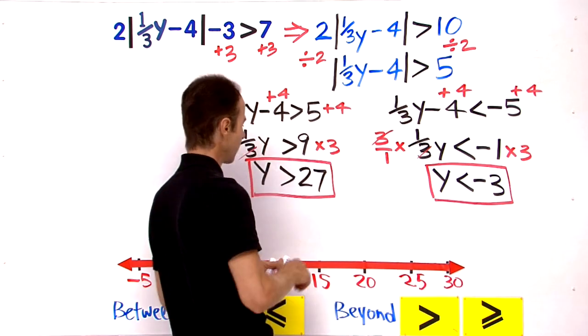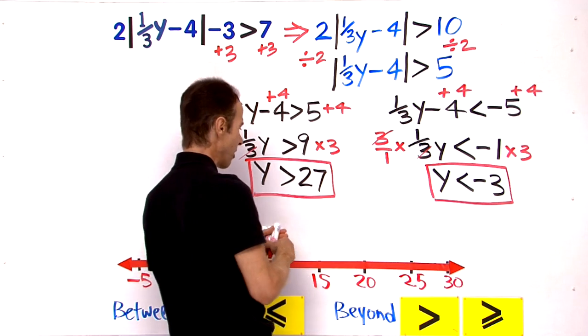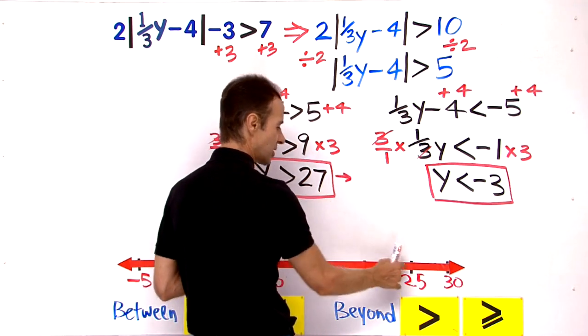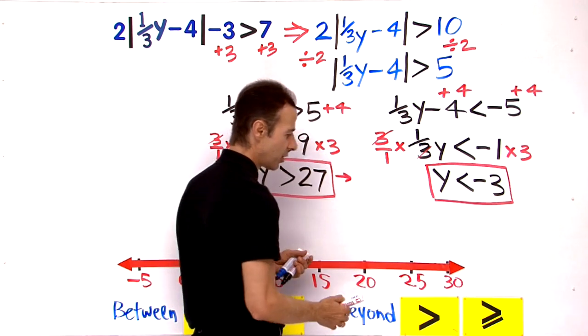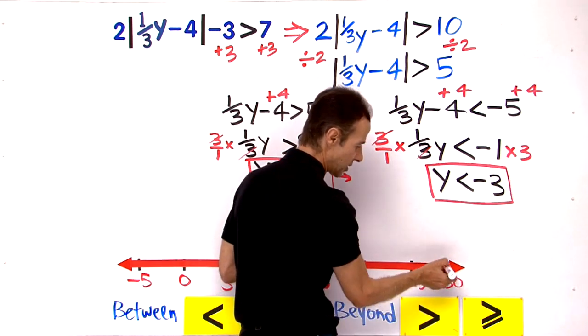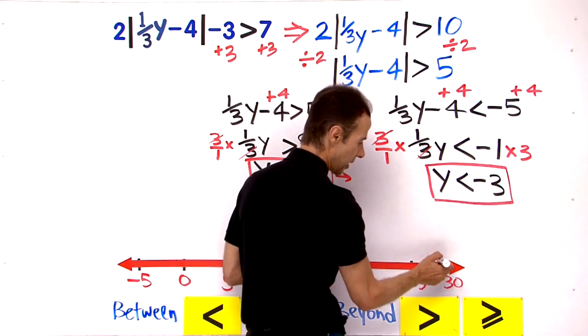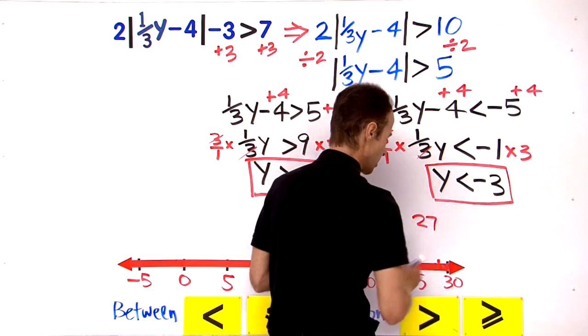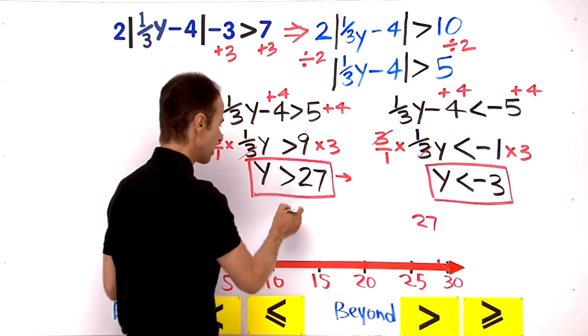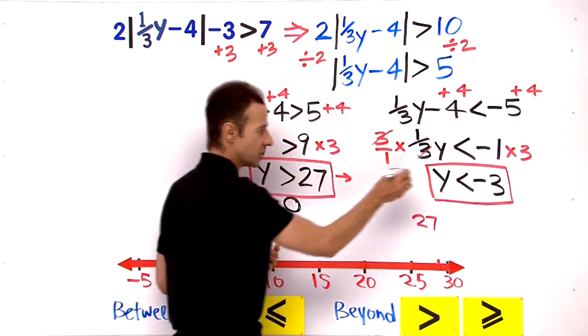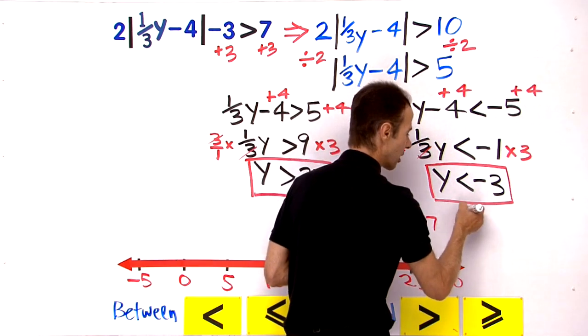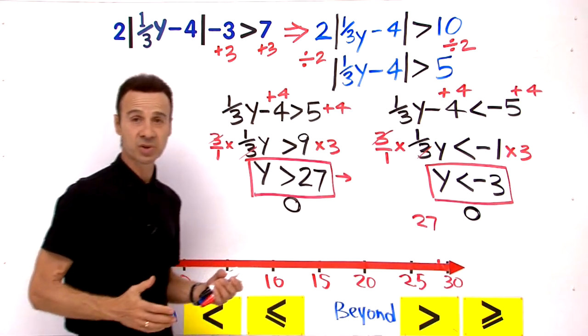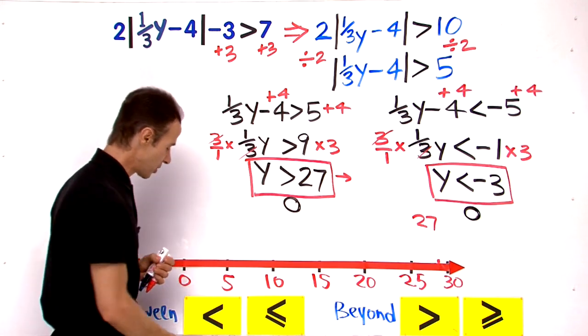Just barely fit. Okay, y is greater than 27. Notice the arrow, it's going to the right. So 27 is somewhere between 25 and 30. I'd say estimating, 27 would be about there. So let's put in what sort of a circle. It's going to be an open circle, isn't it? Similarly with y is less than -3, that'll be an open circle also. Okay, let's put in these open circles.